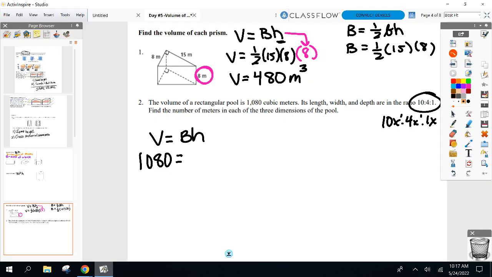10,080 equals? 15x? How do we get 15? The 10, 4, and 1, you're adding them? No. I should have probably drawn my rectangular pool here.